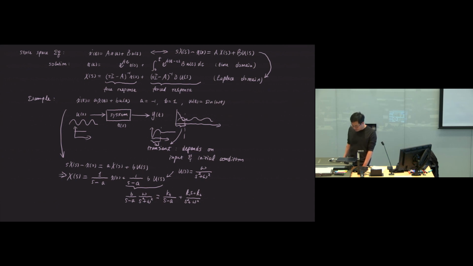At this point, if I think about the problem, it is asking me under what kind of initial condition will I be able to have x that is purely sinusoidal, right? So looking at this, I can see that this will give me purely sinusoidal, right?